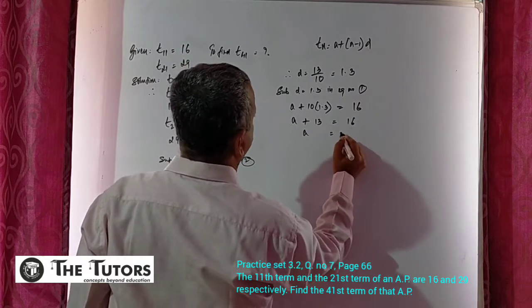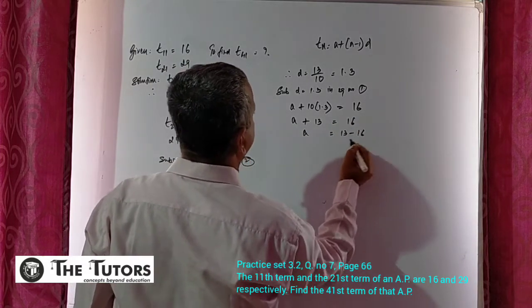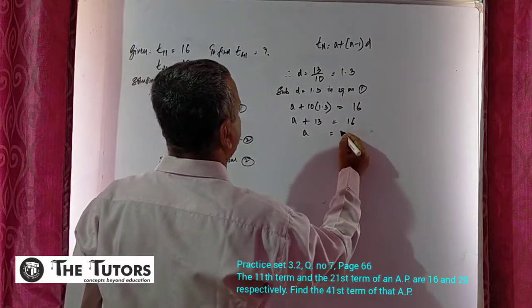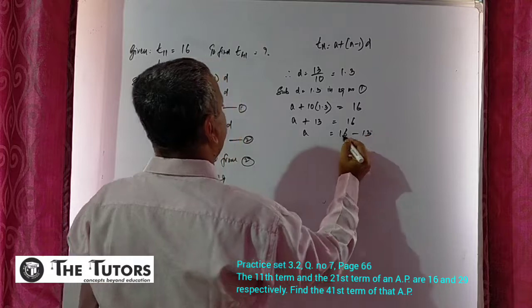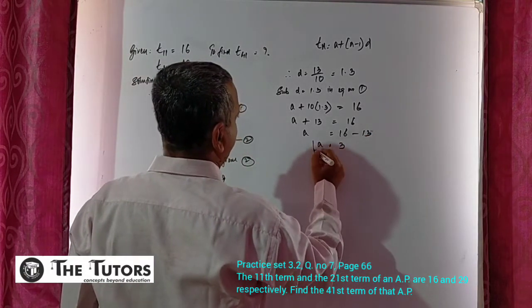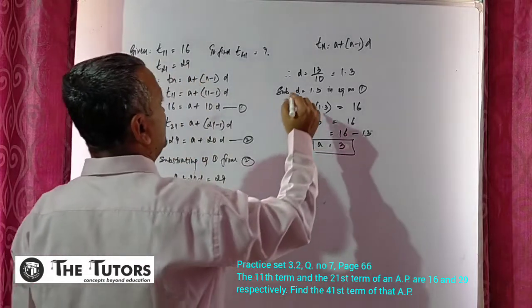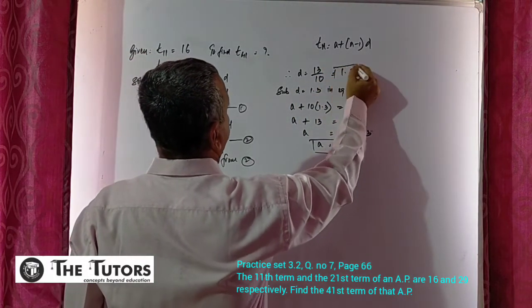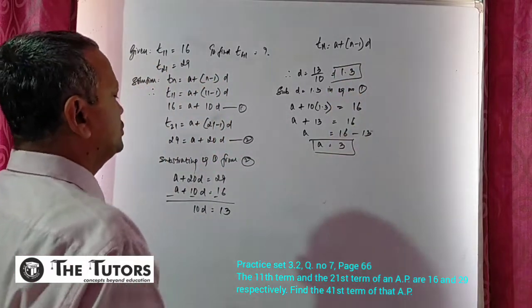A is equal to 16 minus 13. Therefore a is equal to 3. Here you got d as 1.3 and here a is equal to 3.